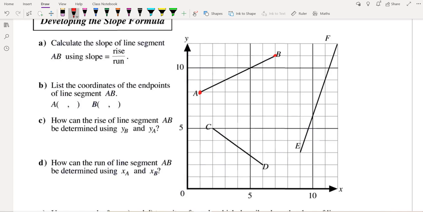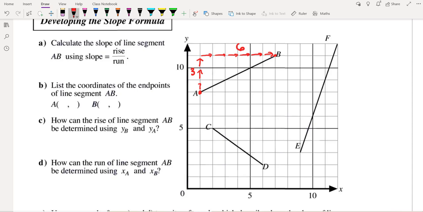So in the y direction, we are going up 1, 2, 3. So our rise is 3. 3 up is a positive, right? And if it went down, it would have been a negative. And our run is 1, 2, 3, 4, 5, 6.